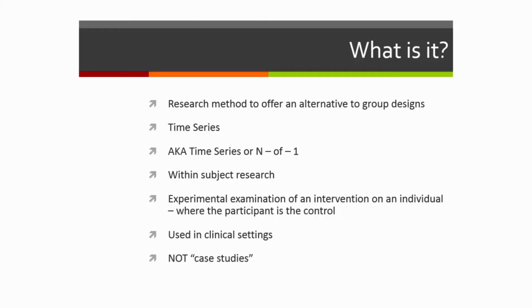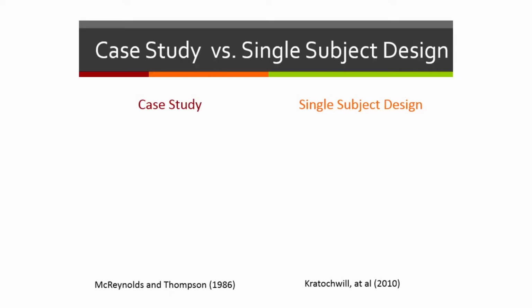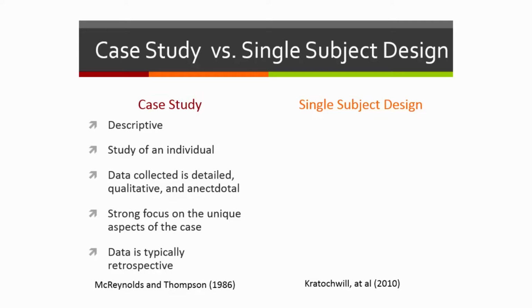One thing, it is just not a case study. It's very familiar to a case study, and they're very similar. But it would be wrong for me to tell you that they are the same, because they do have some very distinct differences. So when we look at the difference between a case study and single subject design, case studies are very descriptive, and for that matter, single subject design is as well. It's a study of an individual. Data collected is detailed, qualitative, very anecdotal.